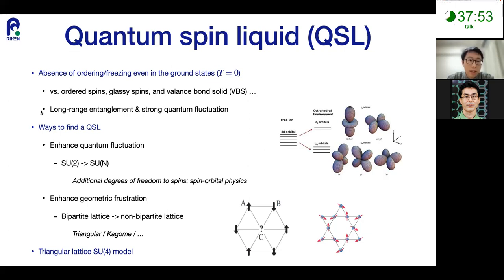The existence of a quantum spin liquid usually means this system has large entanglement and strong quantum fluctuation.